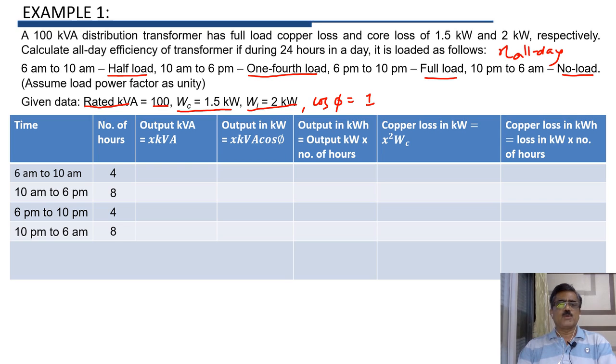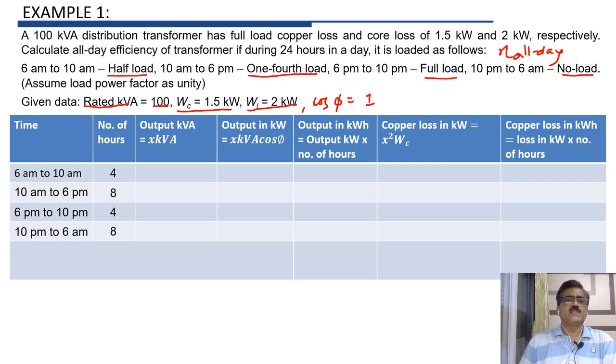Now what is the output kVA of the transformer? The rating of the transformer is 100, so we will get 100 kVA output when the transformer is fully loaded. But the load is not constant. During the first slot, what is the load on the transformer? It is half load.